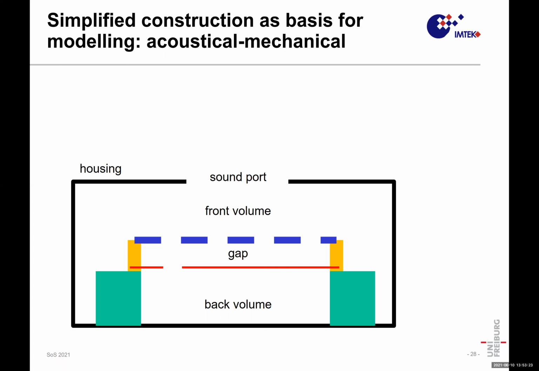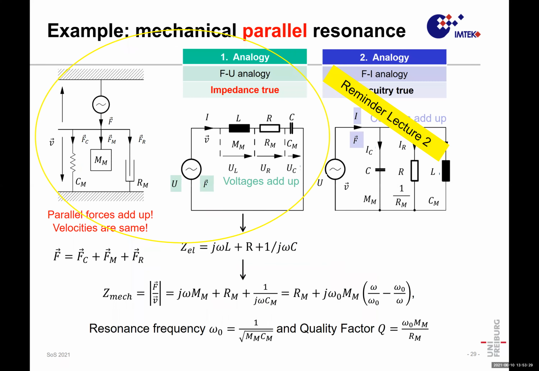Now we have to use our lumped element model to sketch the model. I remind you, from maybe the second lecture, that we will now use the first analogy, the force-voltage analogy.